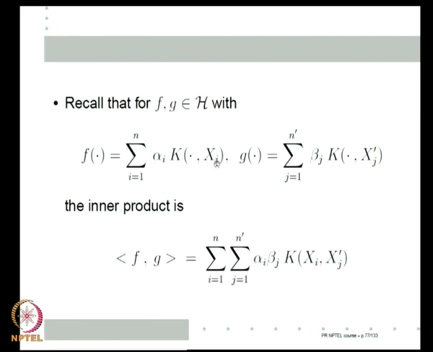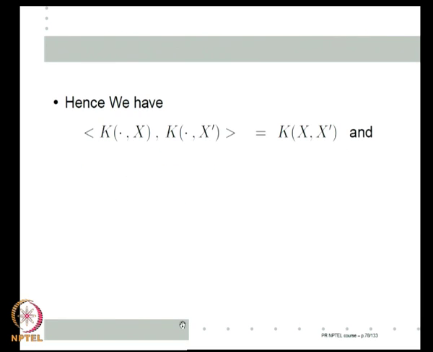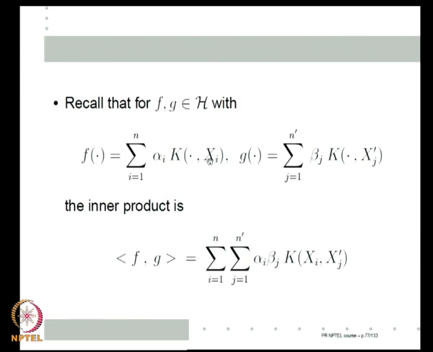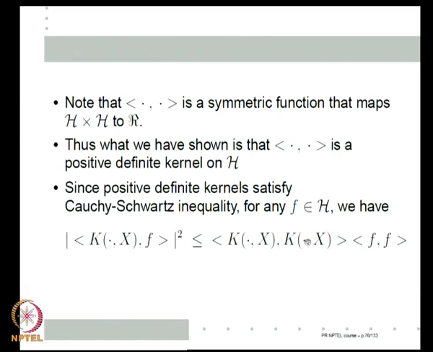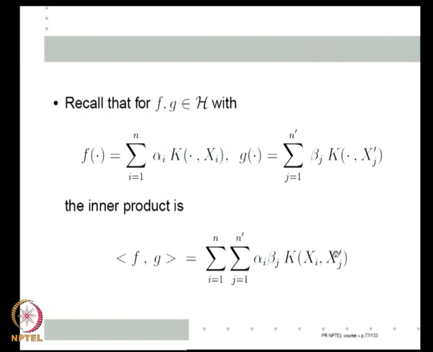Recall that if f is equal to the sum of alpha i k dot x i, and g is equal to the sum of beta j k dot x j, then the inner product of f and g is this. So, what does it mean? For example, if I want the inner product of k dot x and k dot x prime, then both of these sums are one element sums, both expansions are one element expansions.